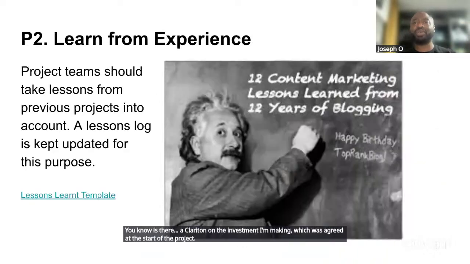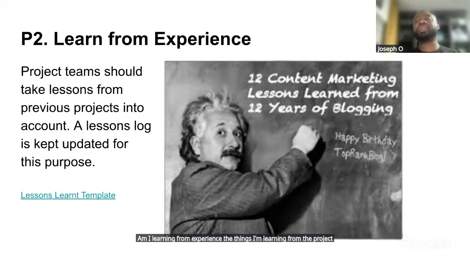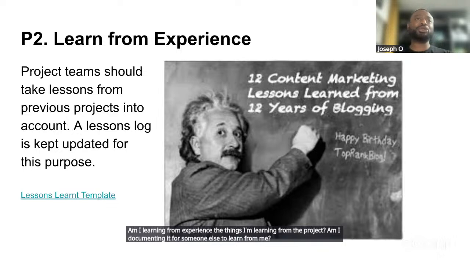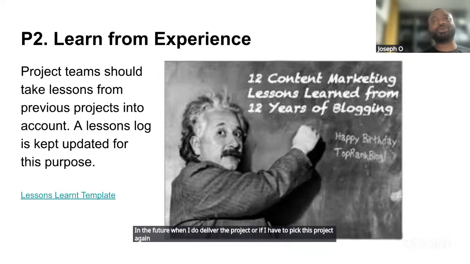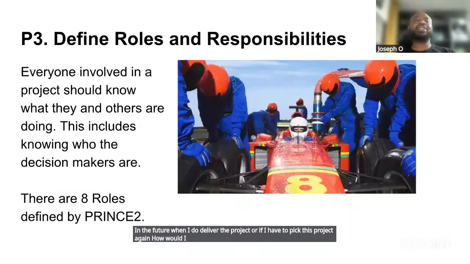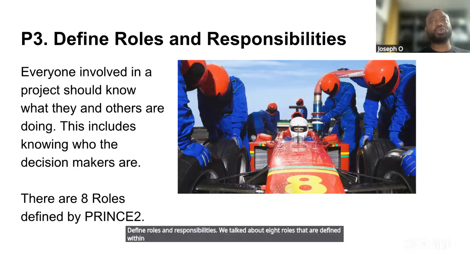Am I learning from experience? The things I'm learning from the project, am I documenting them for someone else to learn from me in the future when they deliver the project? Or if I have to do this project again, how would I do it differently? Define roles and responsibilities. We talked about 8 roles that are defined within Prince 2.